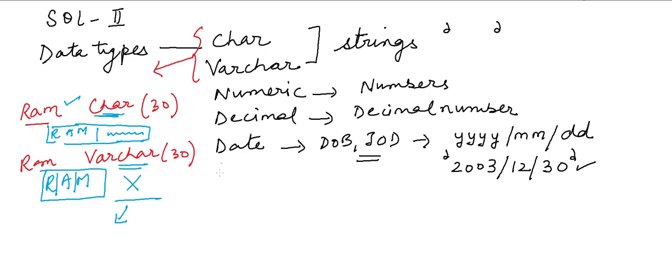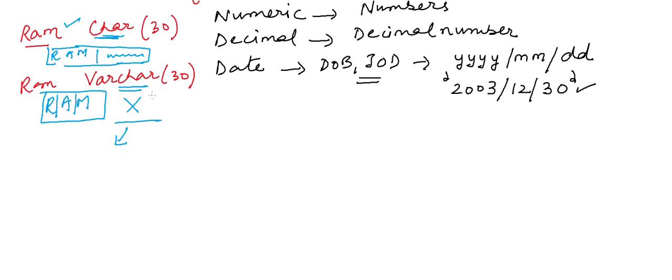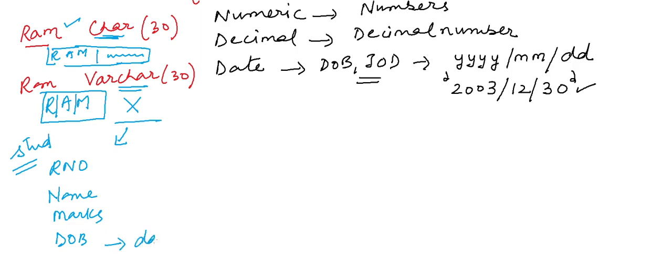Now, using these variables, in case I want to create a table, how will we write? I want to create a student table, STUD, with roll number, name, marks, and date of birth. The data type of date of birth is going to be date. The data type of marks is going to be decimal.